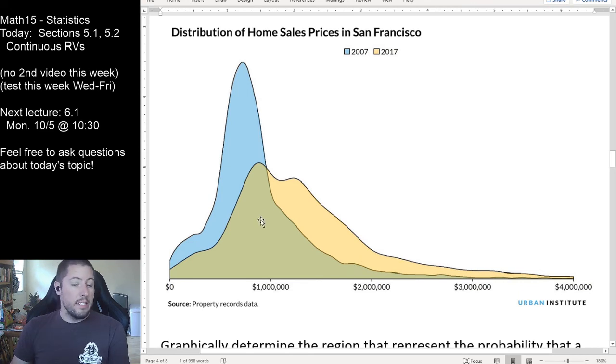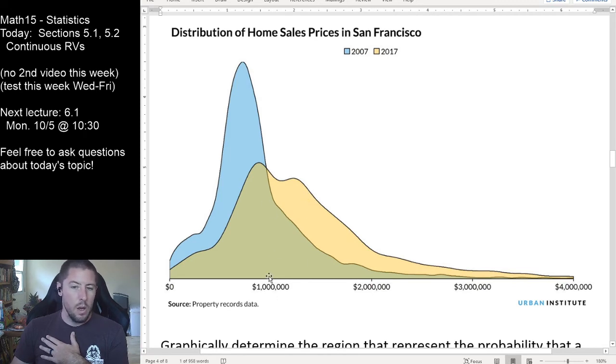So what we can see has happened over time as we're moving into 2017 is it looks like this curve has spread out a little bit more. We don't have such a drastic peak up there. It also looks like the peak has moved a little bit. It looks like the most common home prices have increased. It looks like we're now in the range of $750,000 to $1.25 million as the more typical range right there.